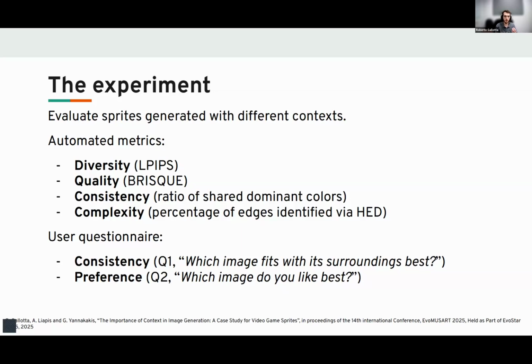Their quality, so the image quality itself of the sprite, the consistency, so the shared ratio of dominant colors between the sprite and its background, and the complexity, so how complex the actual image appeared. So we did that, but we also had human users actually evaluate a subset of these sprites on mainly two metrics. So just consistency, so human perceived consistency of the sprite with its background, and user preference, so whether they liked one or the other.